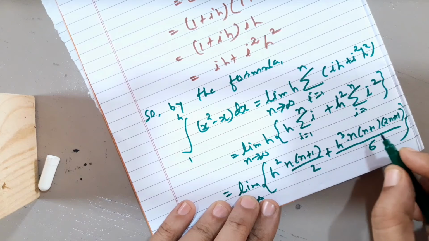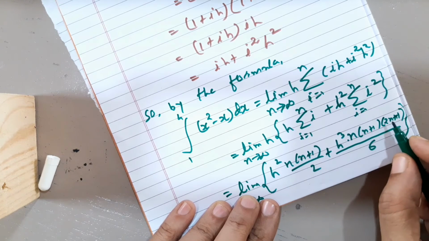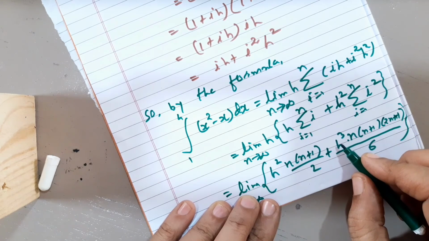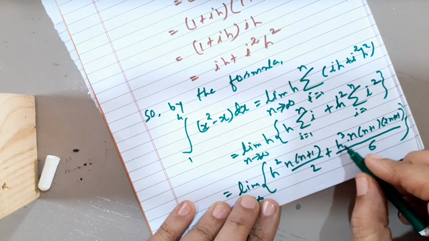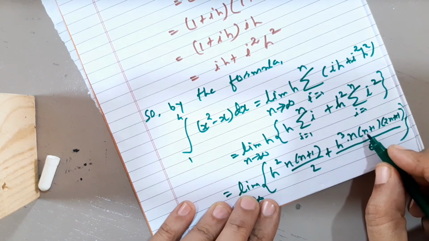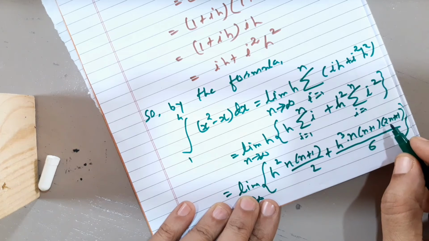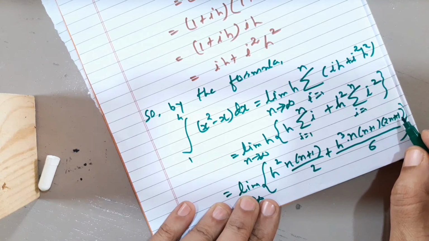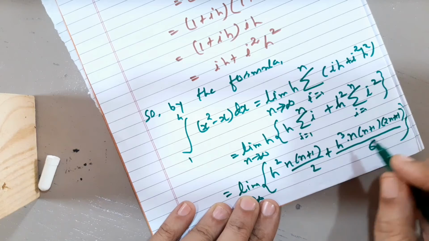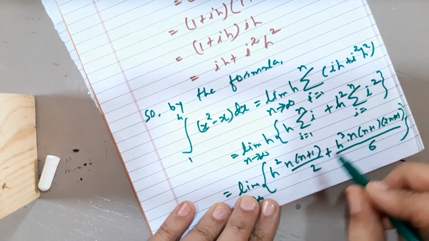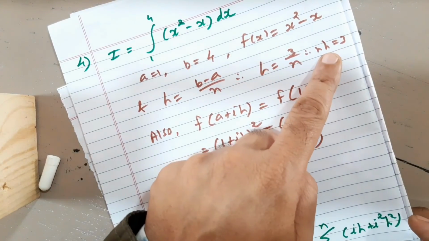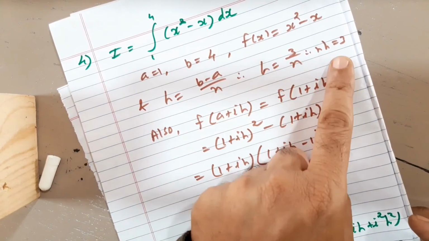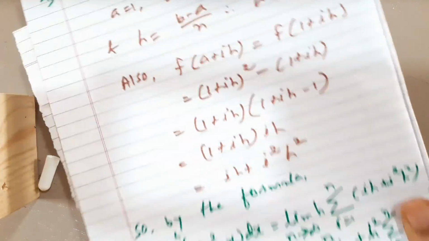From these two brackets also I will take n common each. So n from here, n from here, so it will be h cube n cube. In this bracket it will be 1 plus 1 by n, in another bracket 2 plus 1 upon n. Hope you get it. So h cube n cube here, h square n square here, that I can use the nh equal to 3 formula, meaning the assumption we have written in the beginning. So see what it is now.